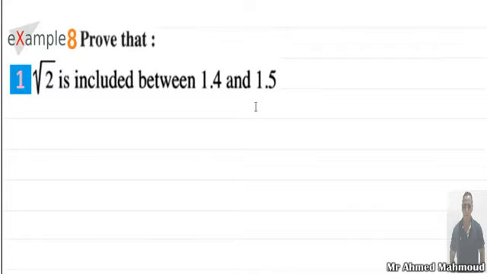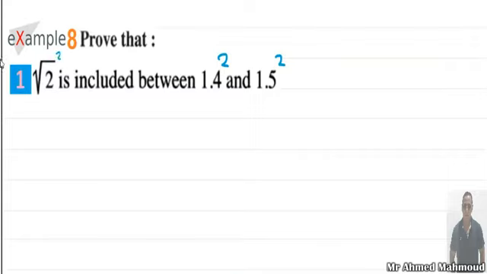The first step, I'm going to cancel the root 2. How come? By squaring the three numbers like this. The first step, I will write 1.4 to the power of 2, and 1.5 to the power of 2, and square root 2 to the power of 2.